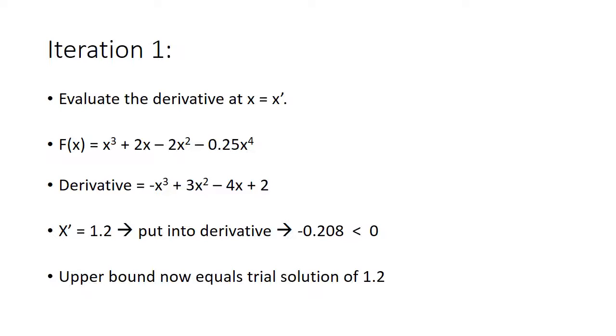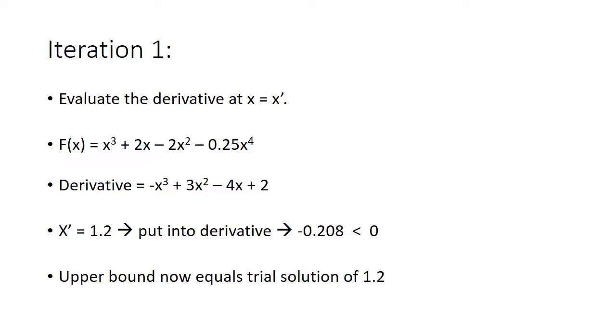For our very first iteration, we walk through these steps, and we do this for every iteration. We evaluate the derivative at the current trial solution. The objective function, if you recall, was x cubed plus 2x minus 2x squared minus 0.25x to the fourth.